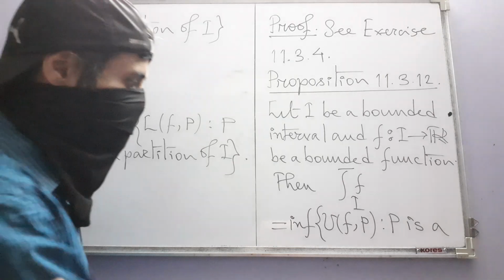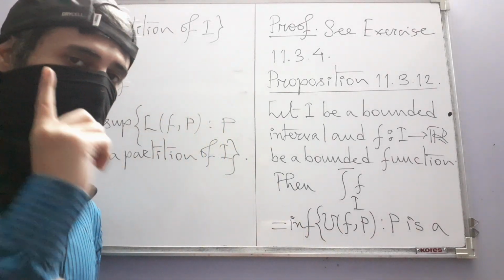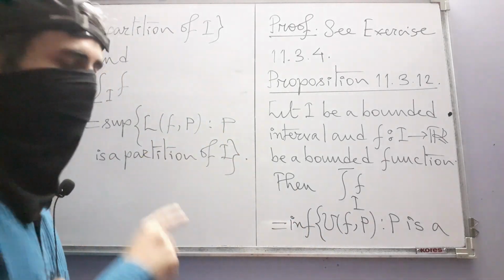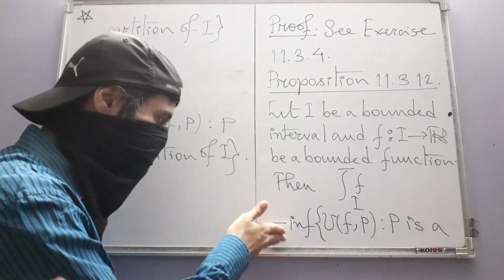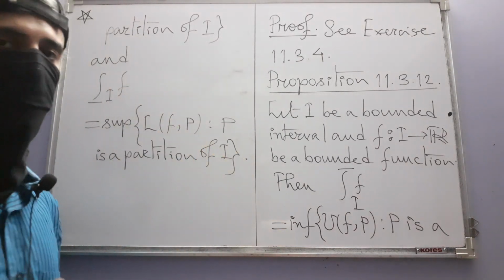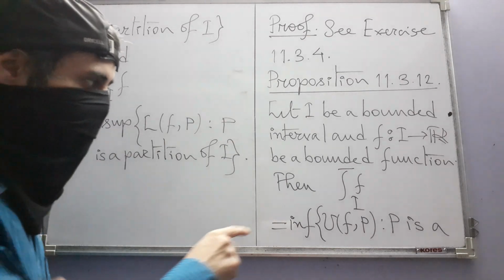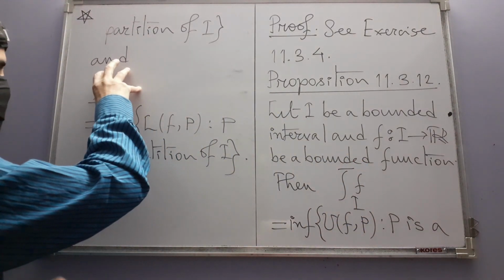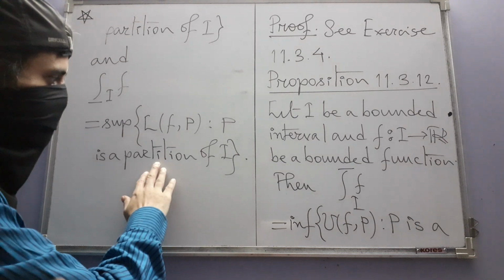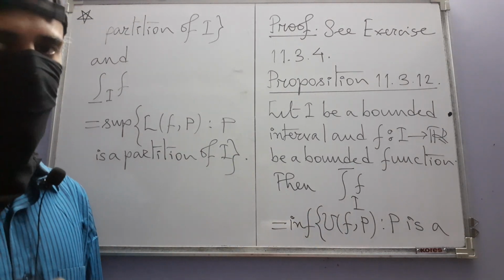So obviously, if you go back to your school definition of upper and lower Riemann integrals, these equations themselves are the definitions. Now, however, we have different meanings for this, and it turns out that we actually get the same thing back.